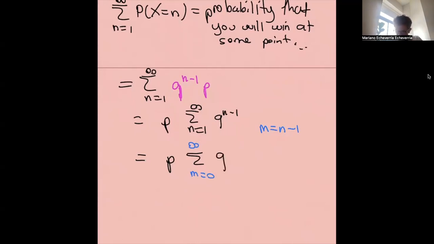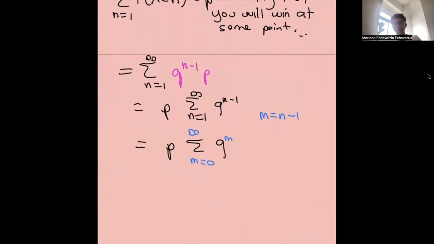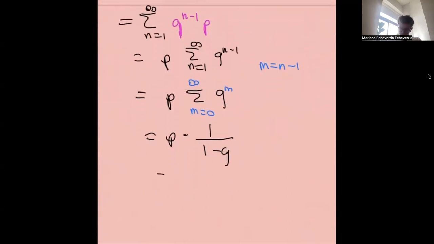I'm not sure if everyone has to take differential equations, but this is a trick very common if you take Math 244 or probably Calc 2. You have to reindex a series from time to time. And if you start a series at 0, it's 1 over 1 minus q. But 1 minus q is p, so it's 1 over p, so it's 1.